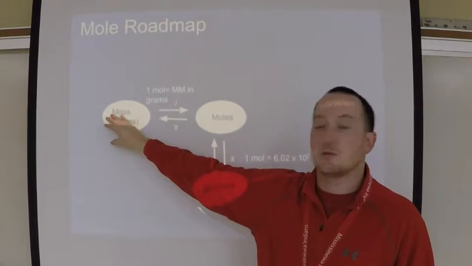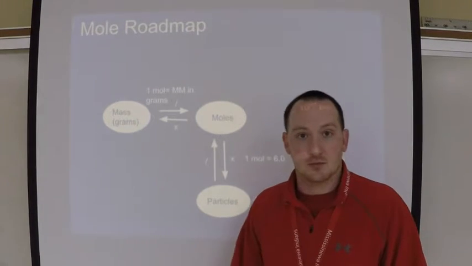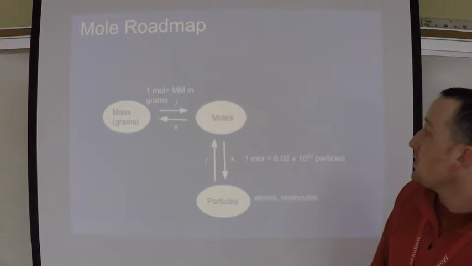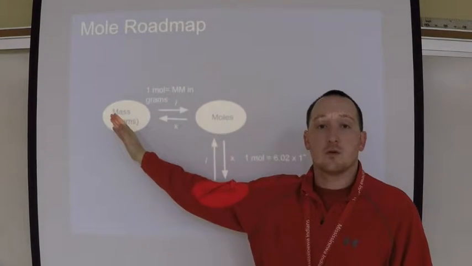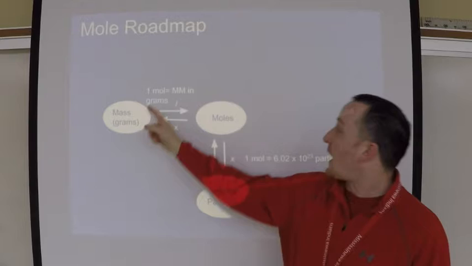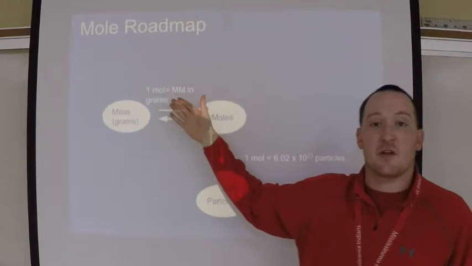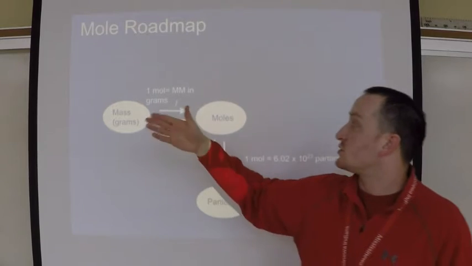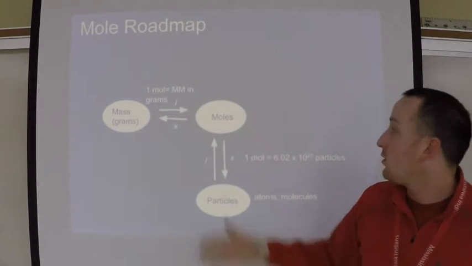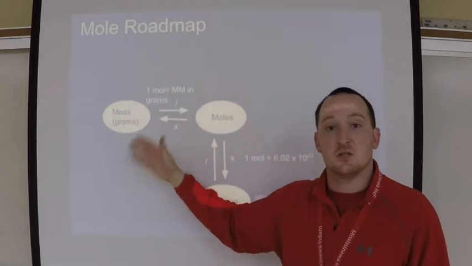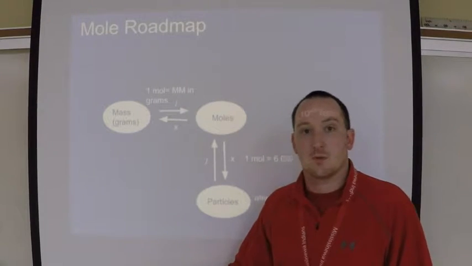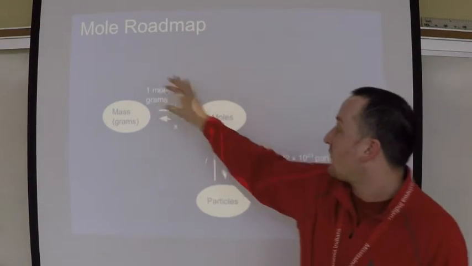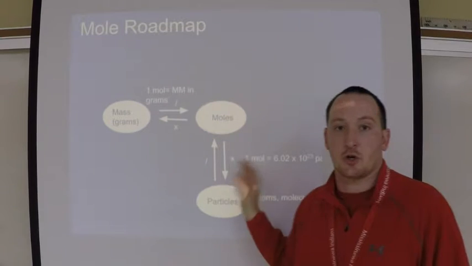We were going to mass, which is in grams. So, in order to go from moles to grams, I needed to use this conversion, and I've put that in there for you. So, you're going to use the conversion of 1 mole is equal to the molar mass in grams. Well, depending on what your substance is, you would have to figure out what the molar mass was. So, I have helped you out by putting what conversion you're going to use.